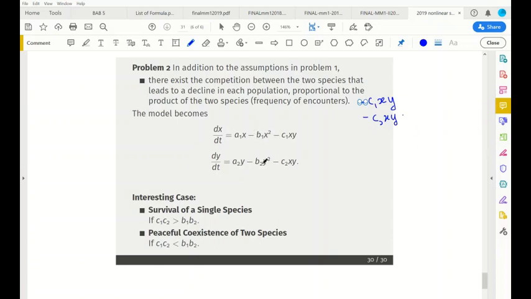The second term is negative, due to competition between the same species, x with x, and y with y. And the last term comes from the assumption, negative meaning decline, due to the competition between the different species x and y. In some books they mention this form of model is the most general one of the competing species problem.